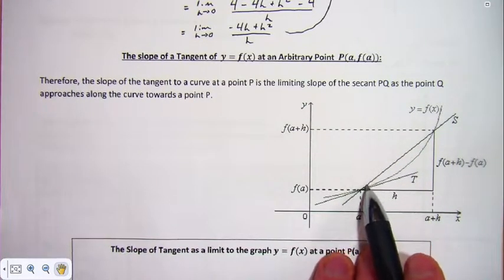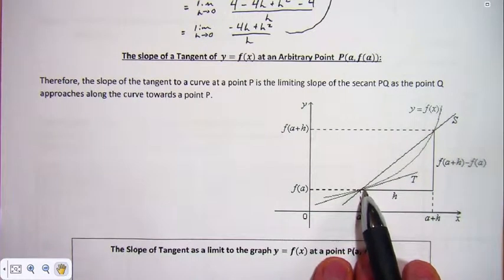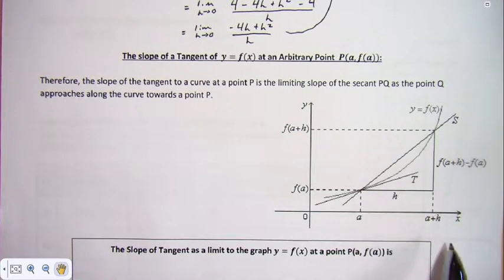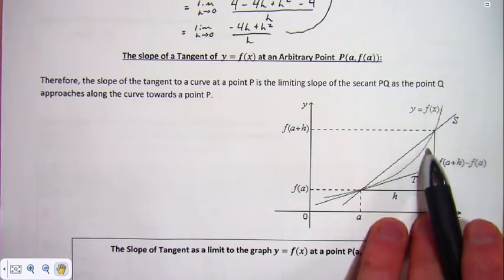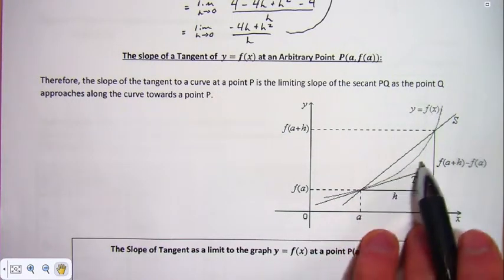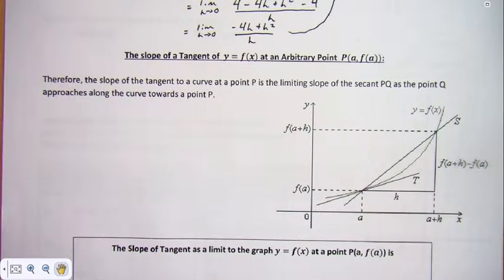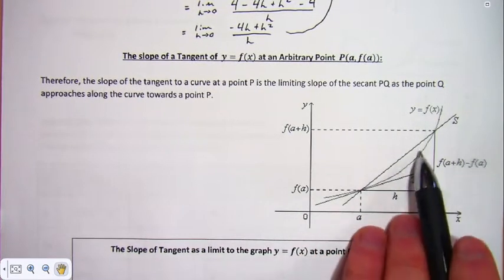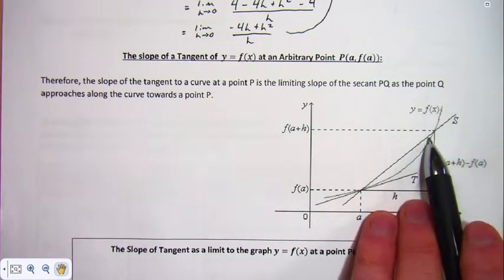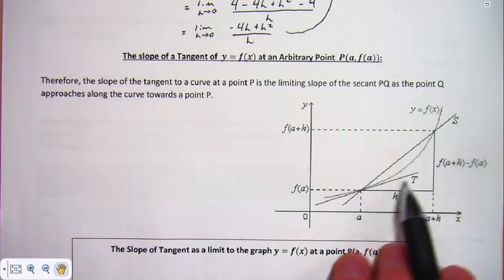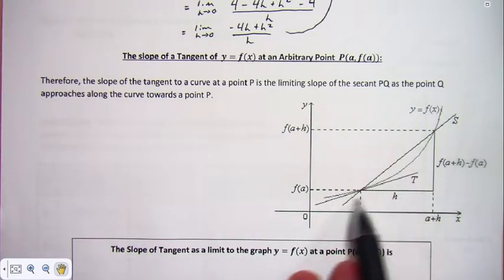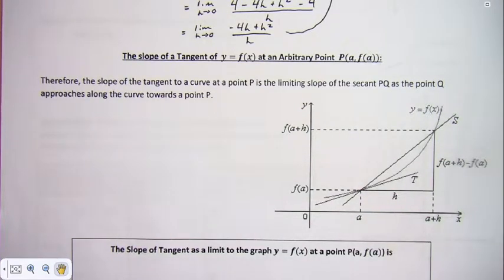Although it'll never actually turn into the tangent until you're on top of A, we can get as infinitely close as we want. That's what these limits are about: getting as infinitely close as possible so that we can calculate what that slope would be.